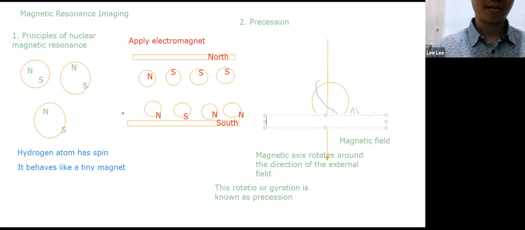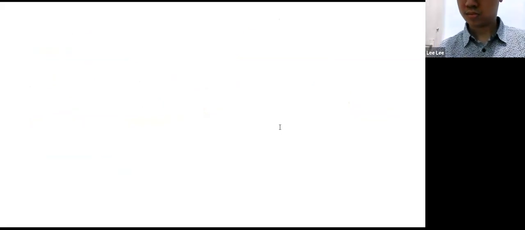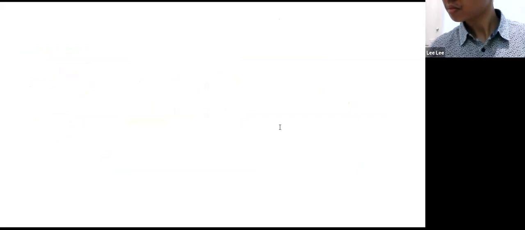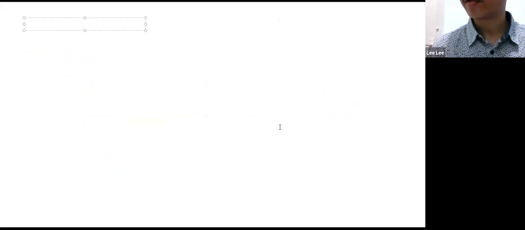Okay, I clear the board. Now I continue again. If something is spinning, then we say it has an angular velocity. Understand?